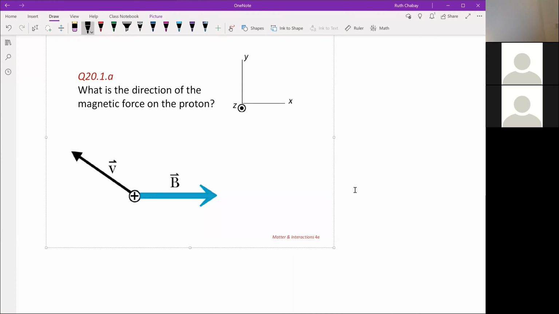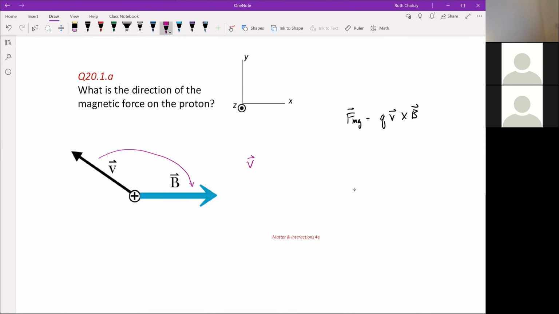Remember that the magnetic force is Q V cross B. So the direction of V cross B we get by pointing the fingers of our right hand in the direction of V, and then curling our fingers toward B. We have to orient our hand in such a way that our thumb ends up sticking into the page.